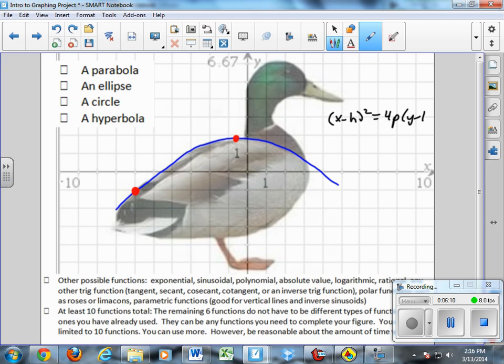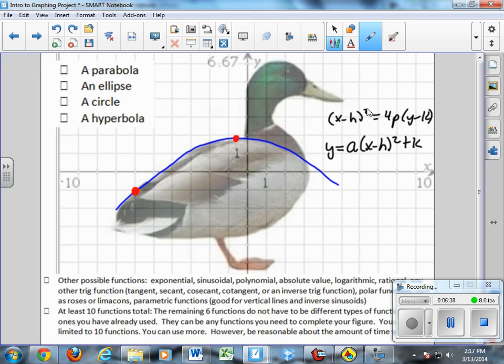Or more simply, I can write this as y is equal to some coefficient a times x minus h squared plus k. So basically, this a is not equivalent to the 4p because it's in front of the x squared term. But this is more traditionally how you would see this graphed. So either way this works. Just remember 4p is just all one number. You can plug this in either way.